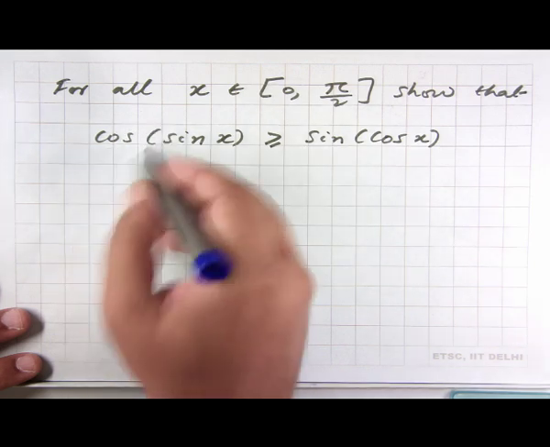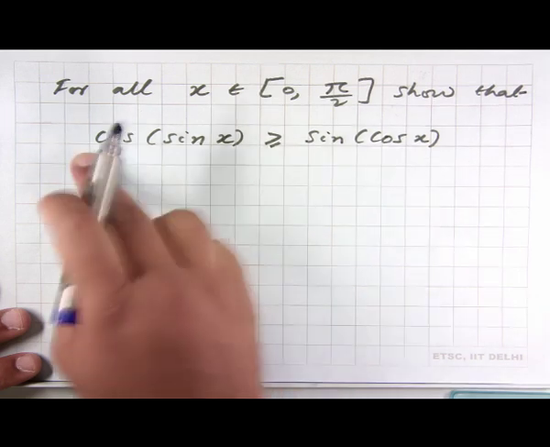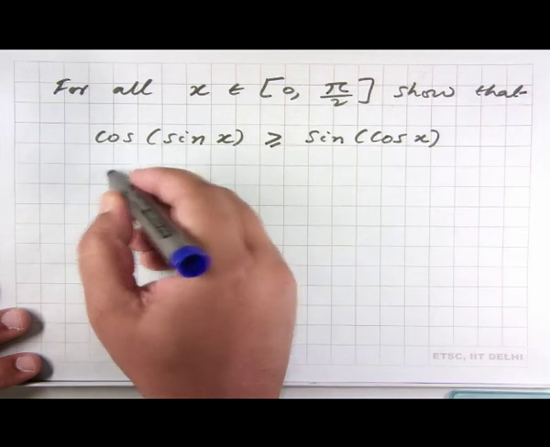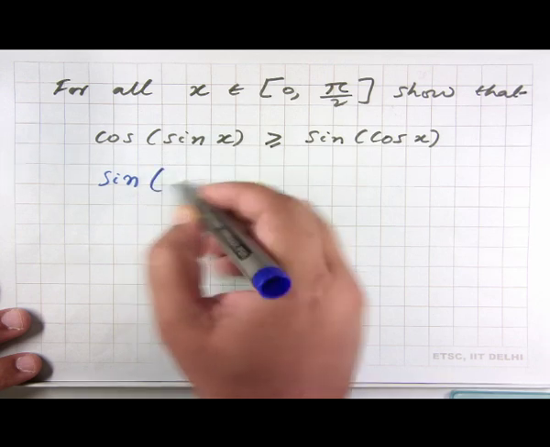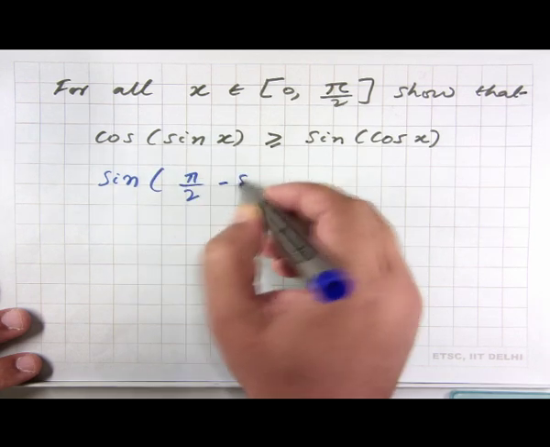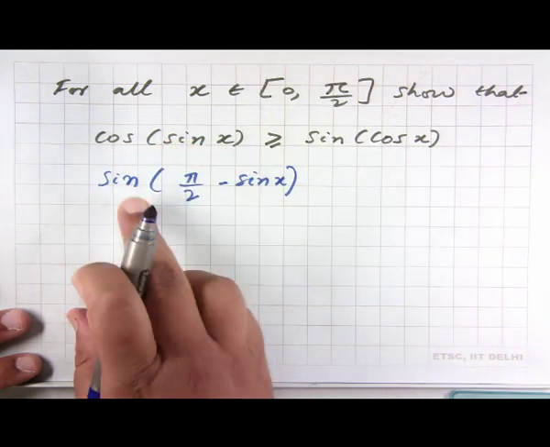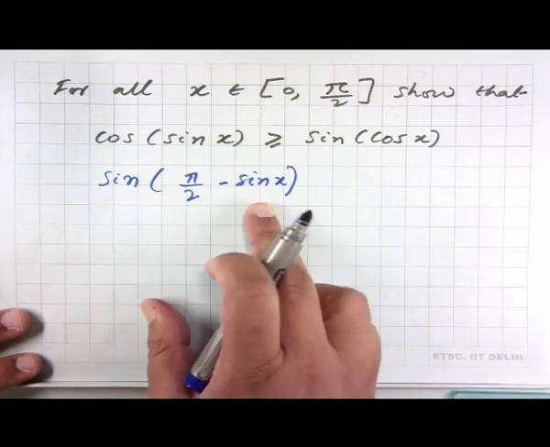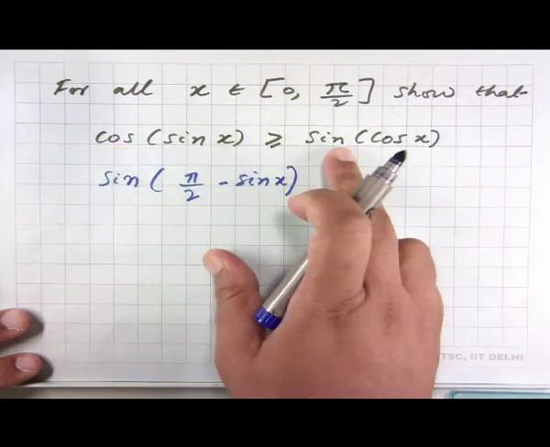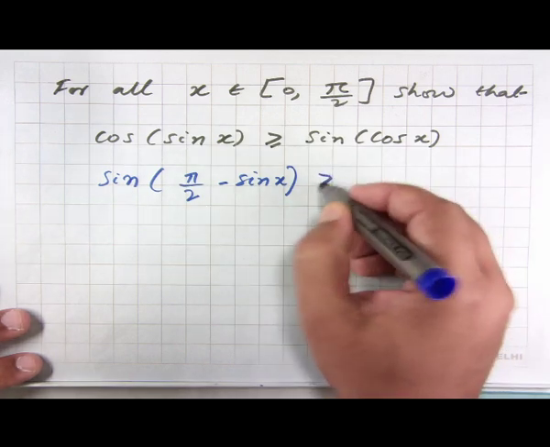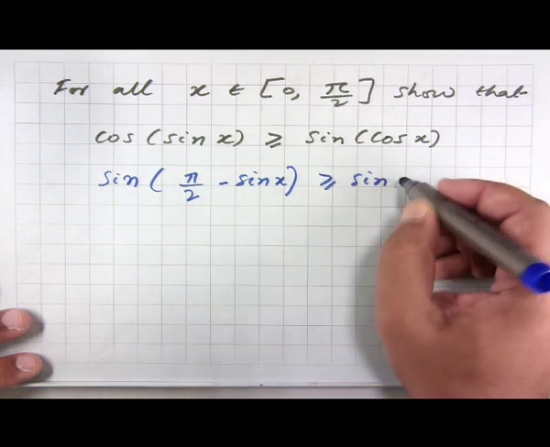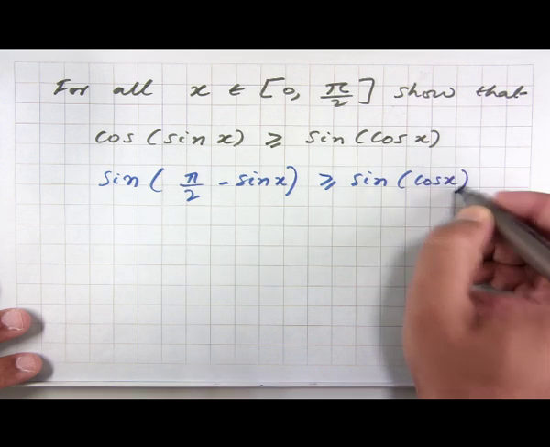So, this term on the left hand side can be written as sine of pi by 2 minus sine x, because cos theta is equal to sine of pi by 2 minus theta. So, if you want to show this, it is equivalent to show that this is greater than or equal to sine of cos x.